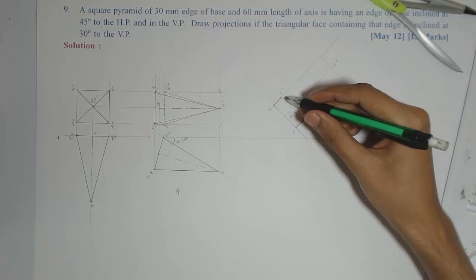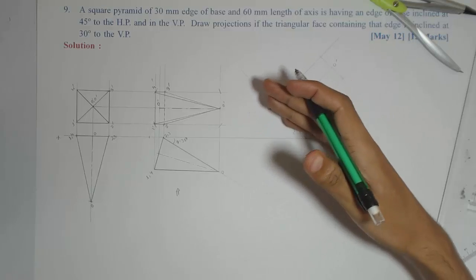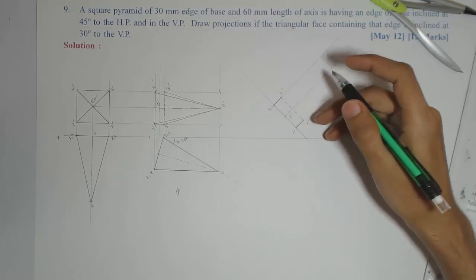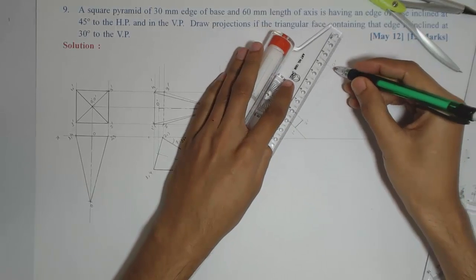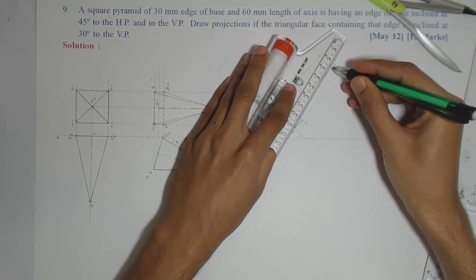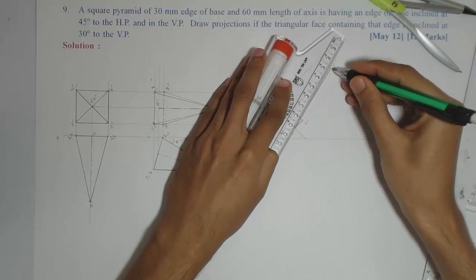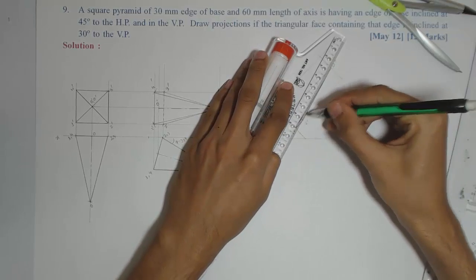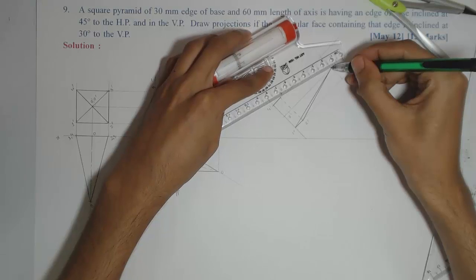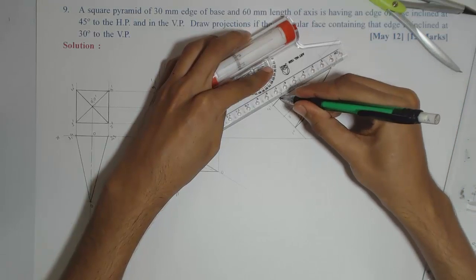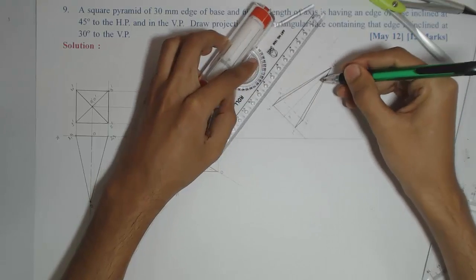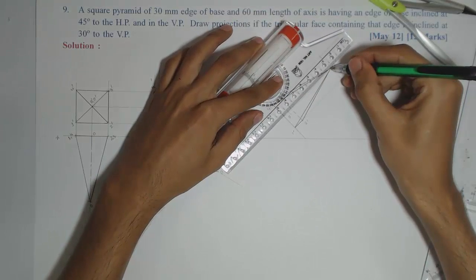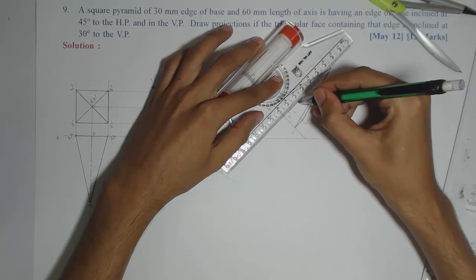Then obviously we are getting this 2 dash 3 dash, which is parallel to 1 dash 4 dash, inclined at the same angle. So now we'll complete with all slant edges dark. And then remaining is the axis, long dash short dash.